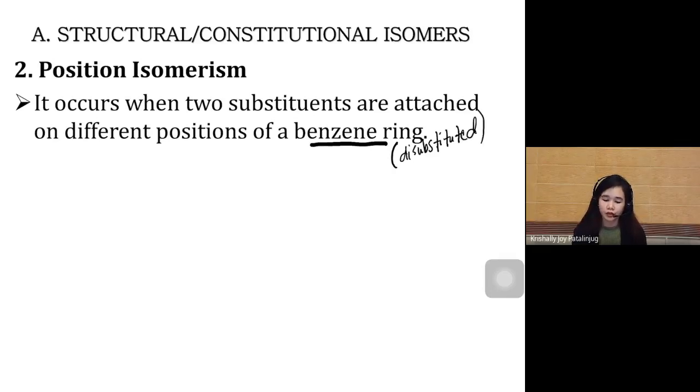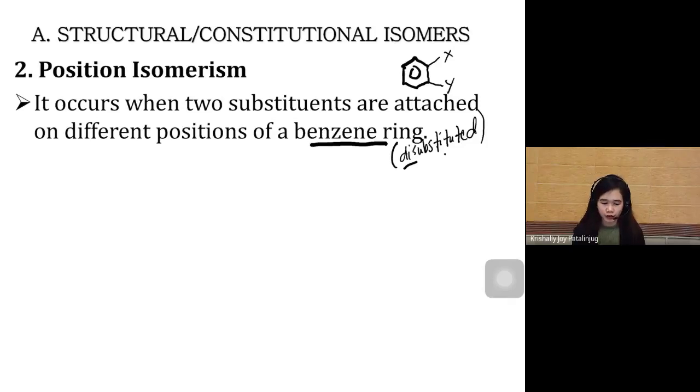Meaning, you have seen a benzene ring, okay na, ay benzene ring, then di-substituted na kay duha. Okay? Duha nga substituents attached to the benzene ring. So take note, position isomerism also commonly occurs among di-substituted benzenes. Kasi yung dalawang substituent na yan, pwedeng iba-iba yung positions in a benzene ring.